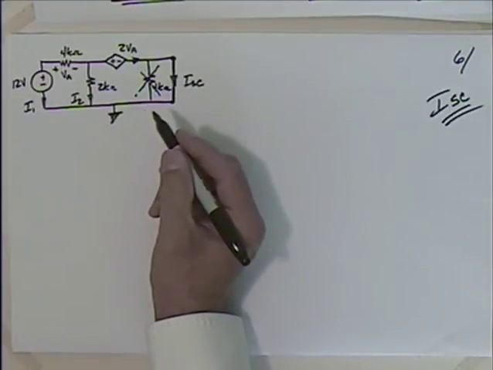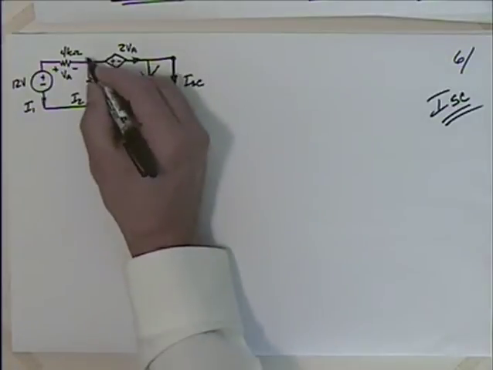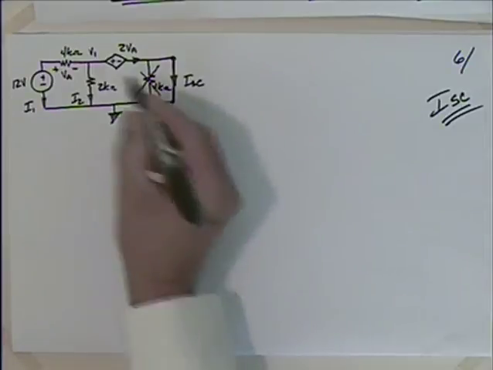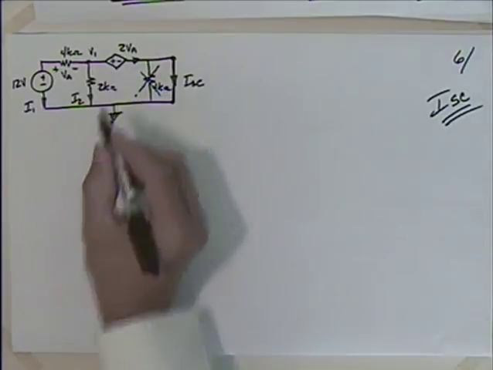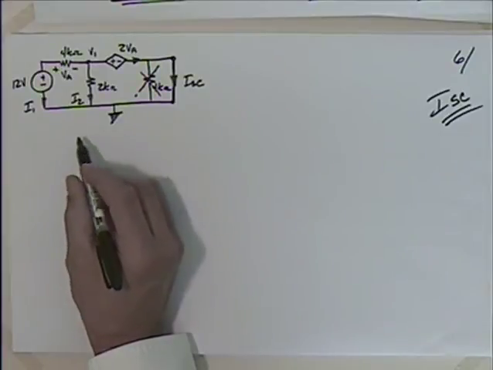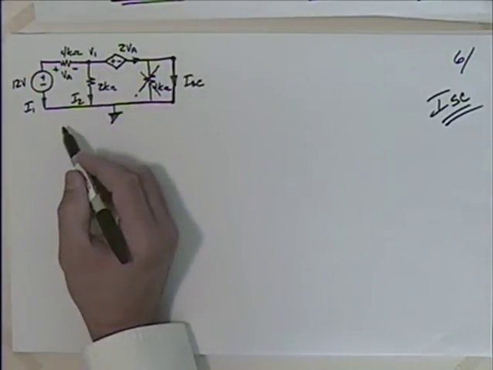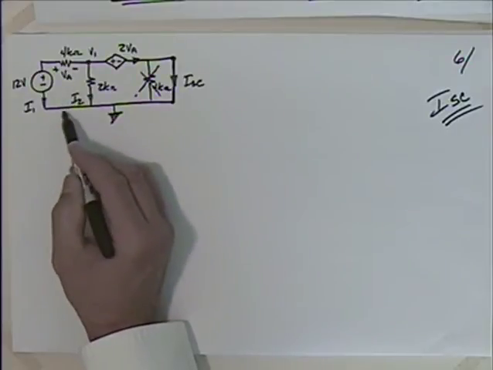So with that, let me see what we've got here. We'll call this again V1. Is this going to be the same? I think this will be the same over here, won't it?